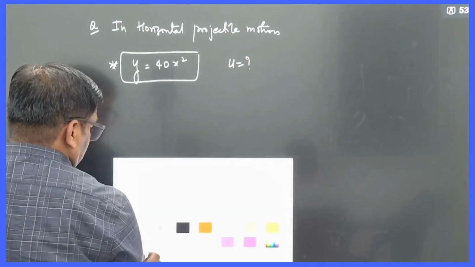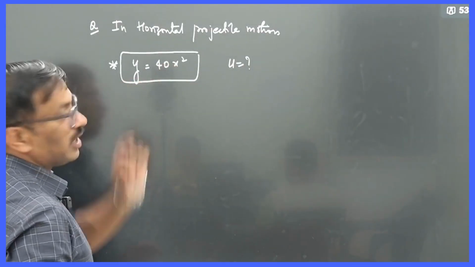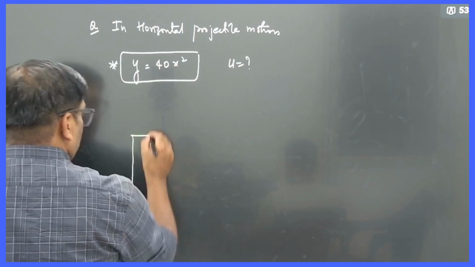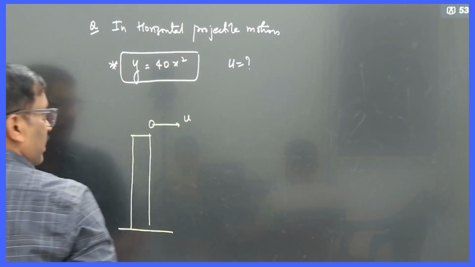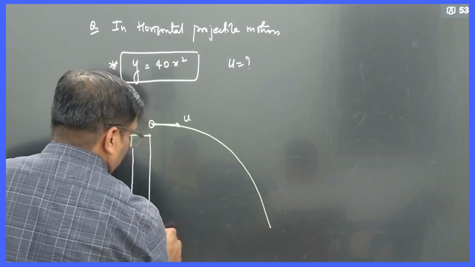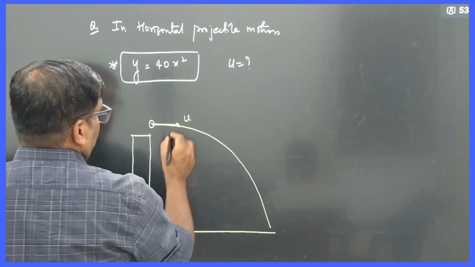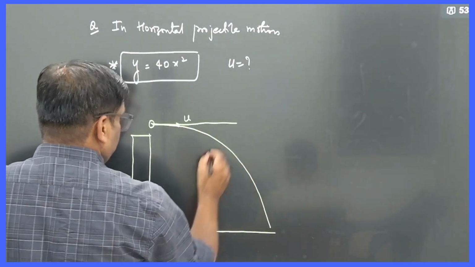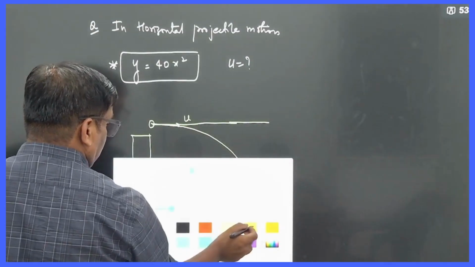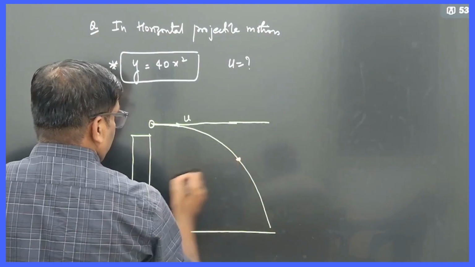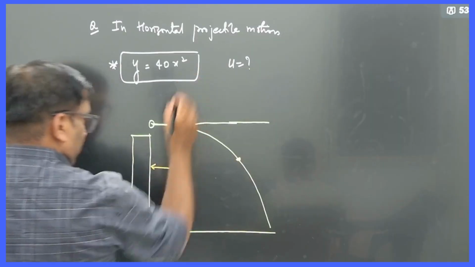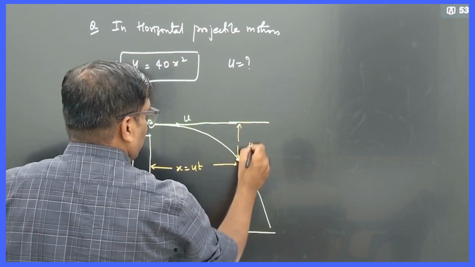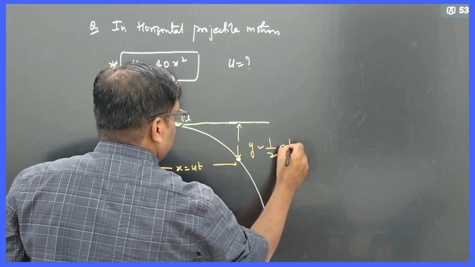Here y is a function of displacement, so we will derive an equation for this. We already derived that we are throwing with a speed u and it is falling downward. At any instant, it travels some distance x = ut. The y distance is y = ½gt².